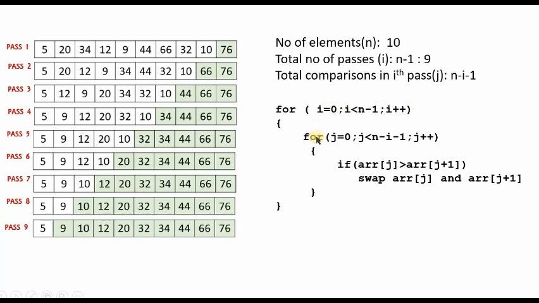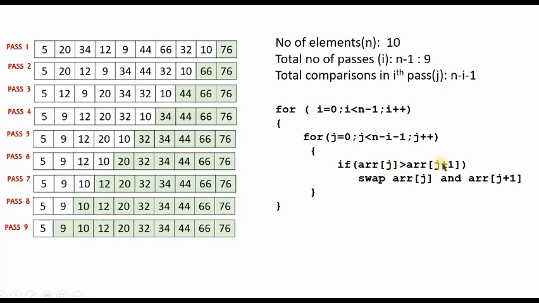And then in each pass I need to compare the elements n minus I minus 1 times. For that I make use of a J loop. 0 to n minus I minus 1 times I need to compare the two adjacent elements.